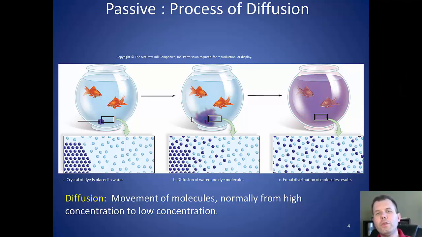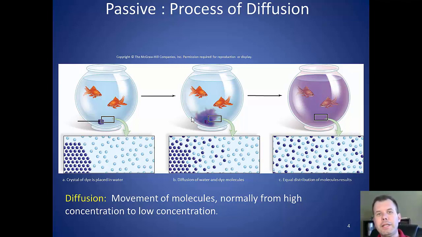You can do this experiment at home. If you take a packet of Kool-Aid and put it into a pitcher of water, what happens? All you do is pour that Kool-Aid into that pitcher, and you see that it starts very concentrated in a little spot. If you let it sit there without mixing it up, eventually that Kool-Aid will spread throughout. It will take a while, but it does.